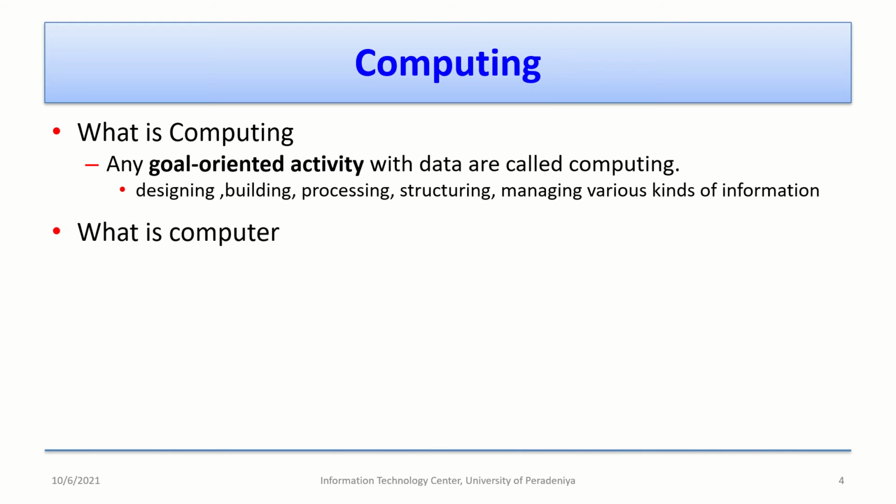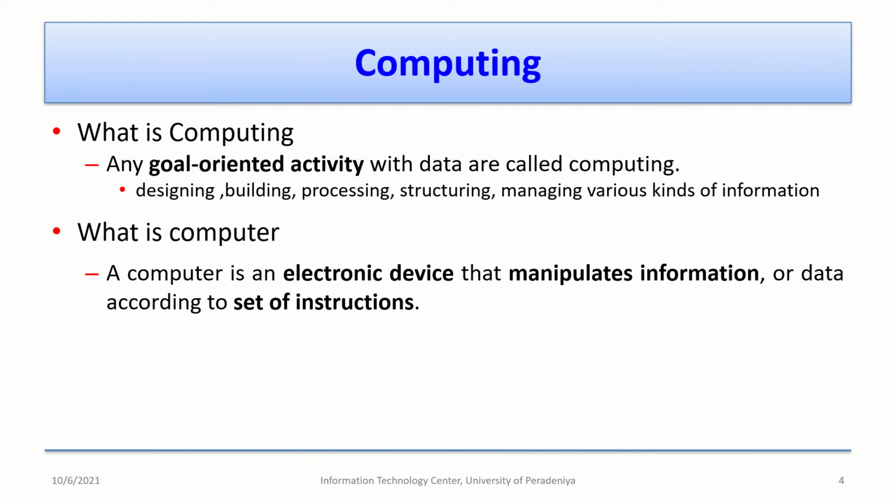That is computing. The next one is what is a computer. I think all of you have some idea about a computer, but if you are asked to define the device, this is how we can define it.